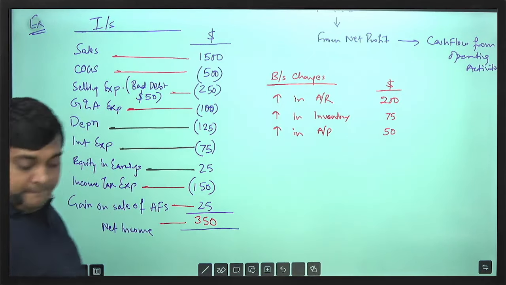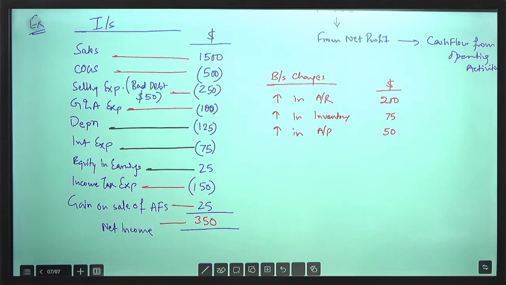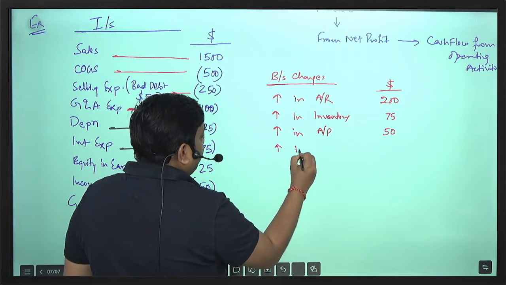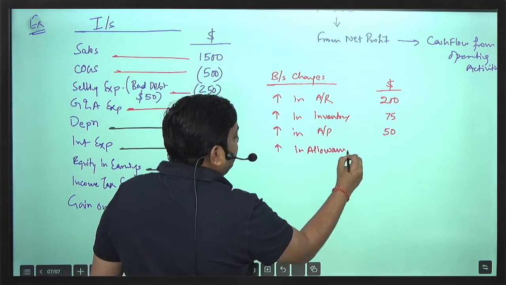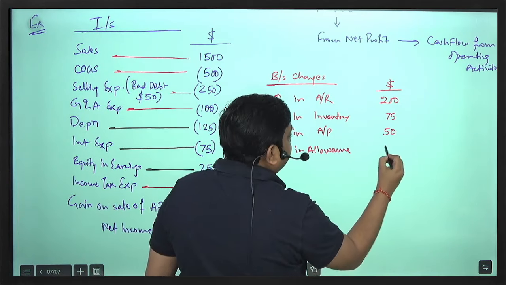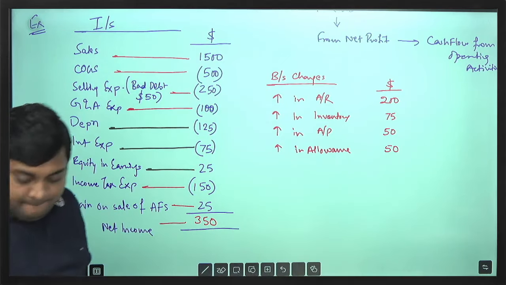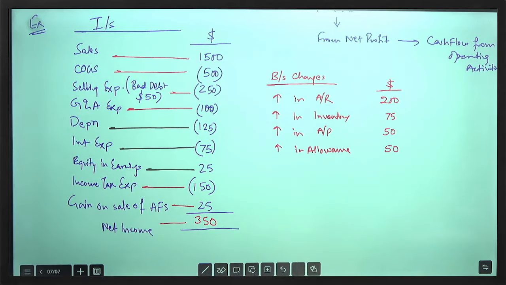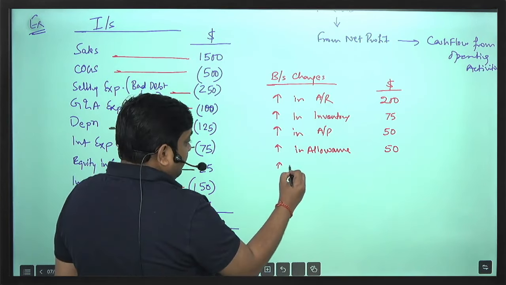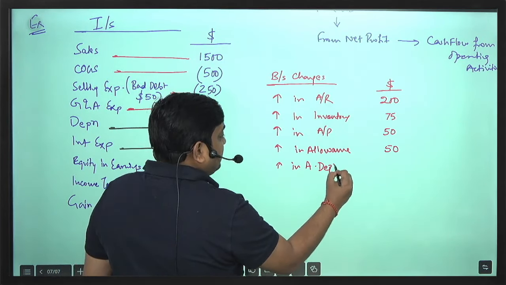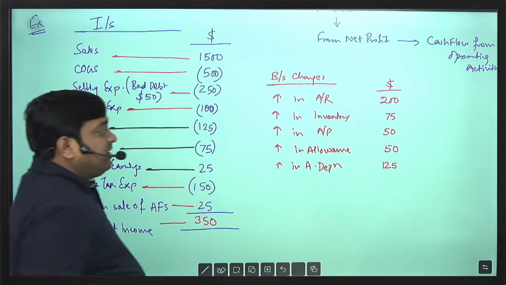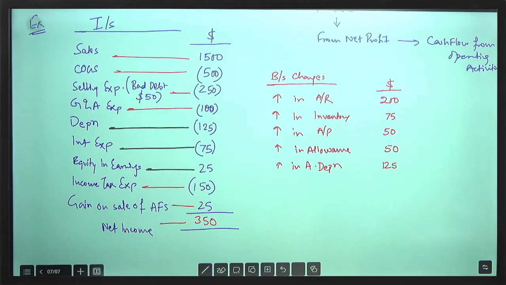This is 50. Increase in allowance for uncollectible debt 50. Increase in accumulated depreciation 125. Basically opening minus closing they have given us.